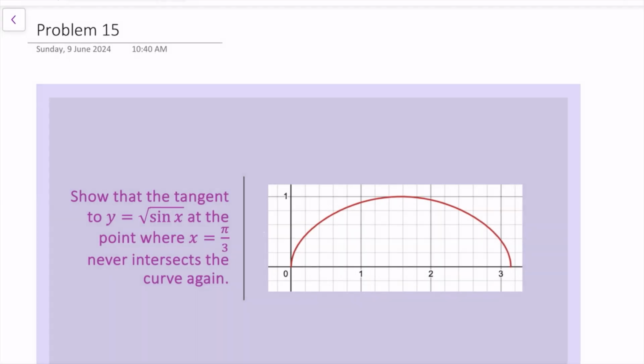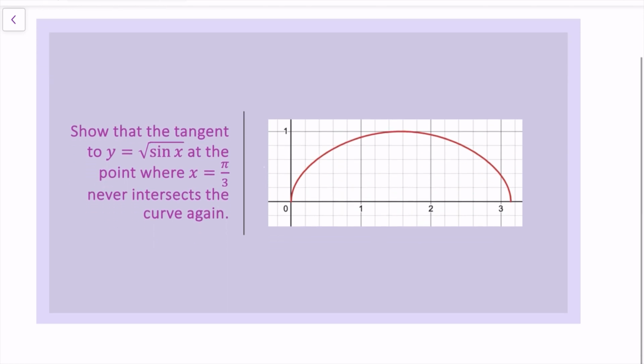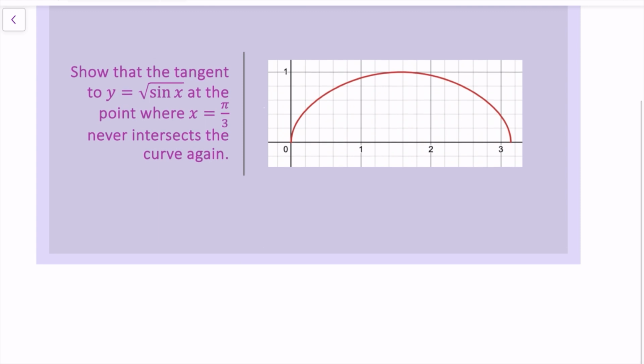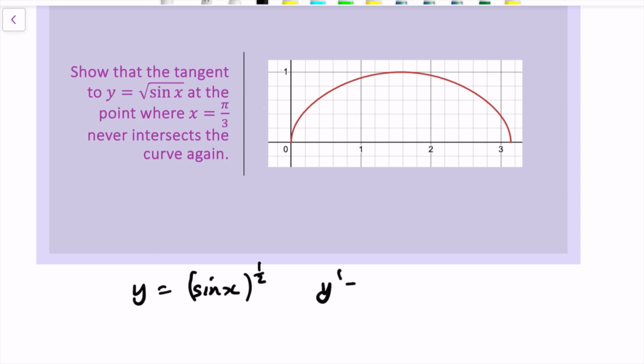Okay, so let's do the maths. We just need to find the equation of the tangent first and then find its intercept. So equation of a tangent means that we need to differentiate first up. So y equals sine of x all to the half, y dash is half sine x to the minus 1 half times by the derivative of sine, which is cosine.